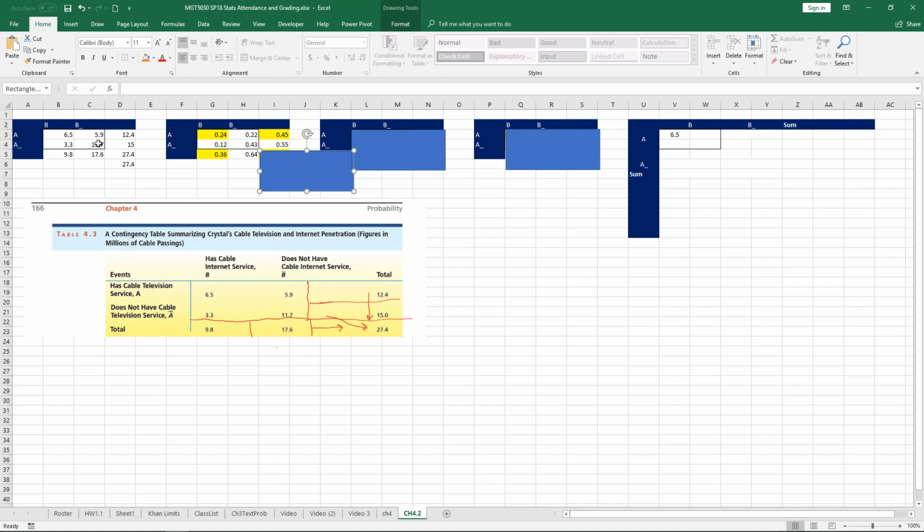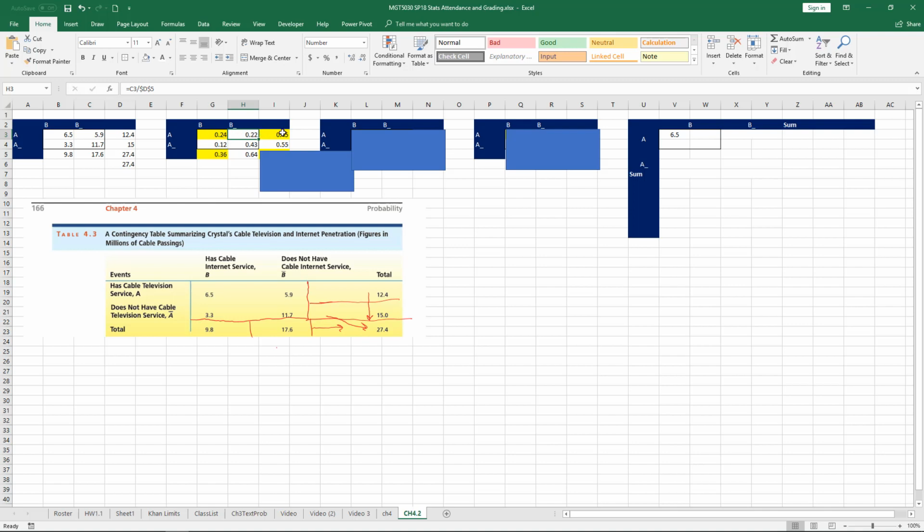That's 6.5 divided by 27.4. All we did was for each of these quadrants, we divided it by the total number of customers. So this is the frequency, and then we divide that by the total population of 27.4, and we get the corresponding probabilities. And now, across the rows, we can add up the probabilities.